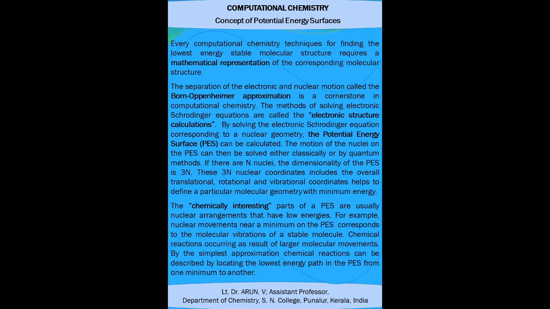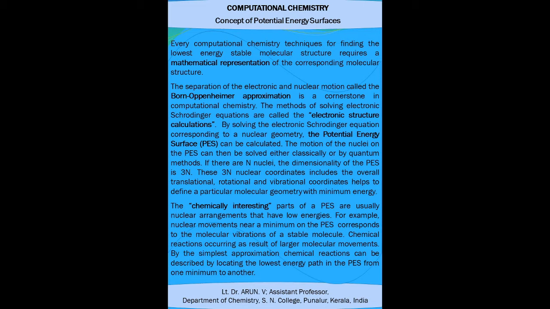The separation of the electronic and nuclear motion is called the Born-Oppenheimer approximation, and this approximation is a cornerstone in computational chemistry. The methods of solving electronic Schrodinger equations are called electronic structure calculations. By solving the electronic Schrodinger equation corresponding to a nuclear geometry, the potential energy surface can be calculated.